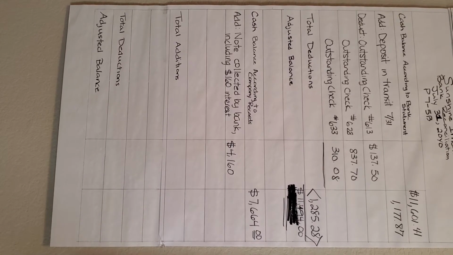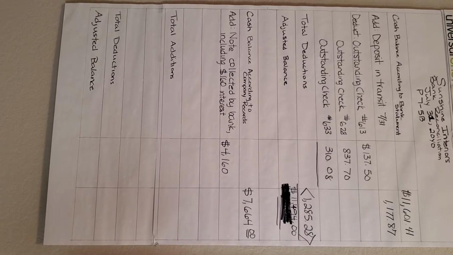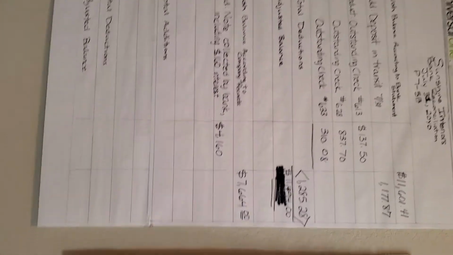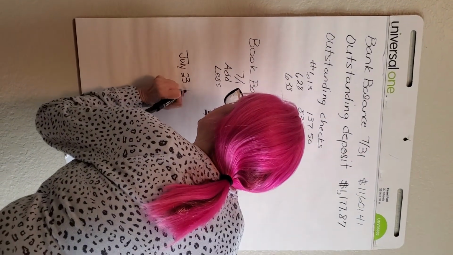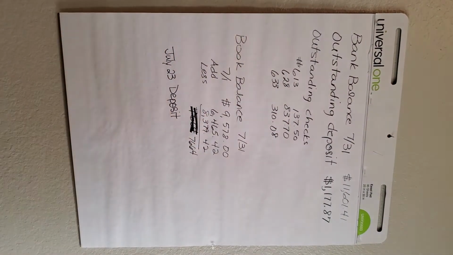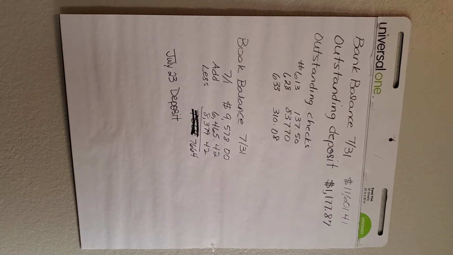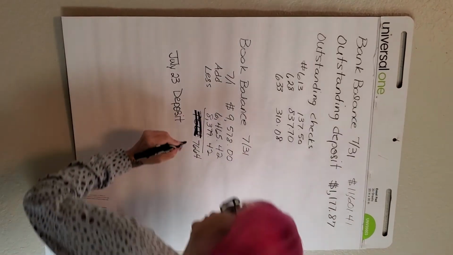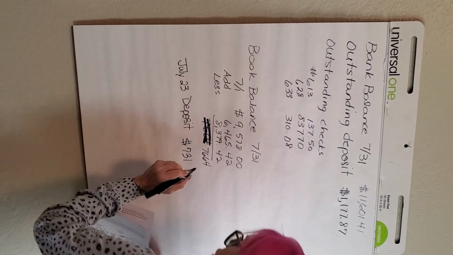Additionally, we have to take care of the two errors that we found. Remember that the first error that we found was on our deposit from July 23rd. So we had our July 23rd deposit. The problem tells us that all errors are our errors. So the bank properly processed the deposit as $731.45.